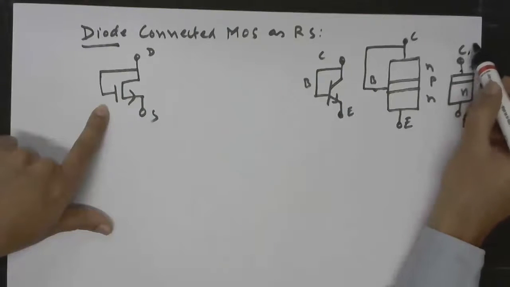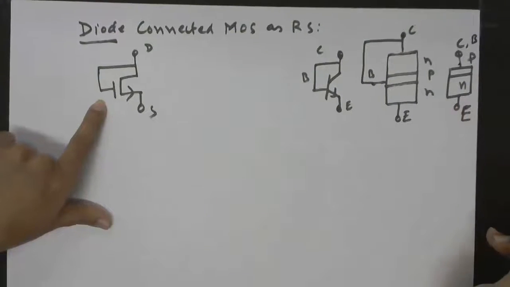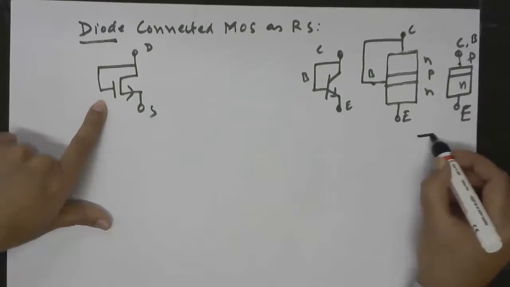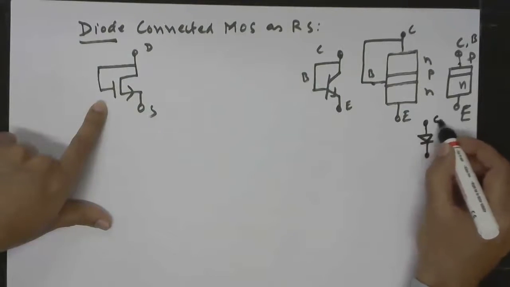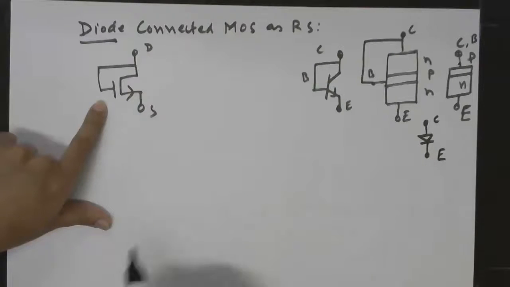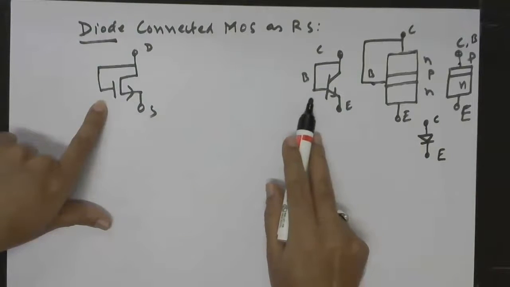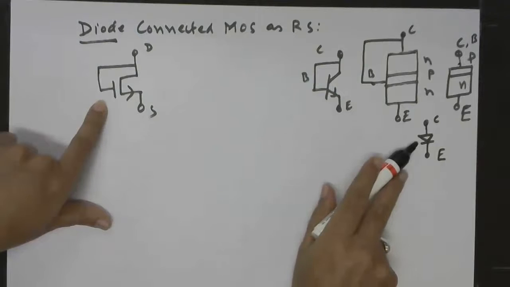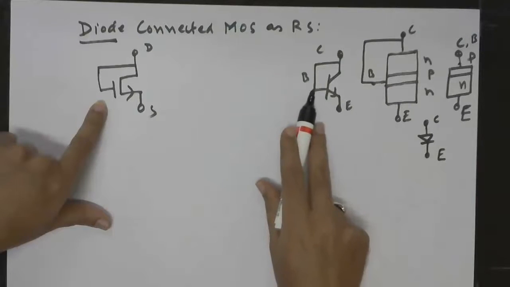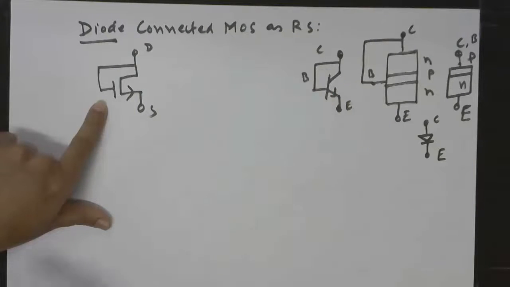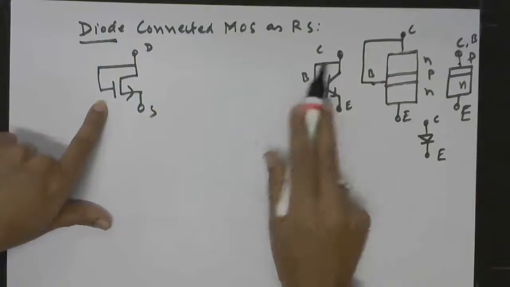So this is the collector or base node. Now you can see that this is simply like a diode between collector node and emitter node. So a BJT can be made to operate as a diode if we short circuit the base, which is the controlling node for most purposes, with the collector, which is typically the output node.